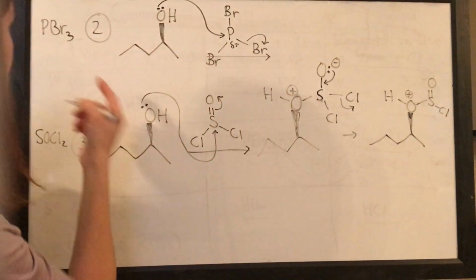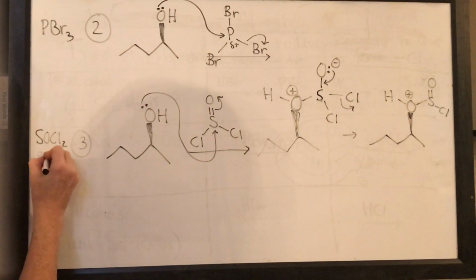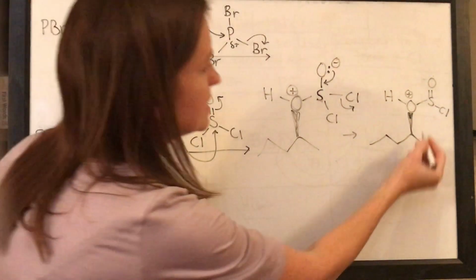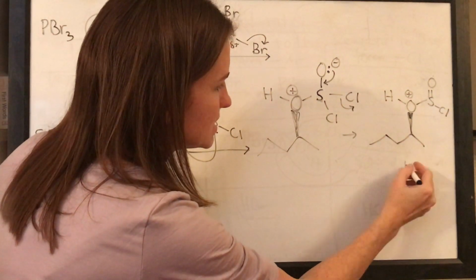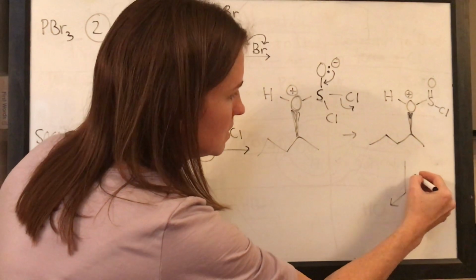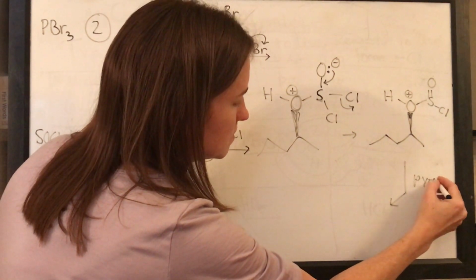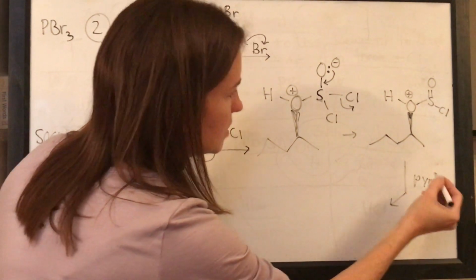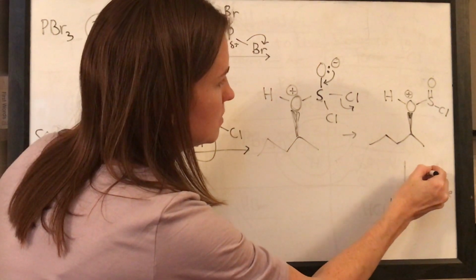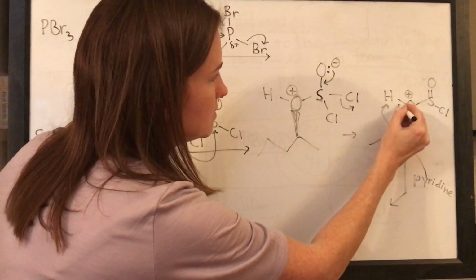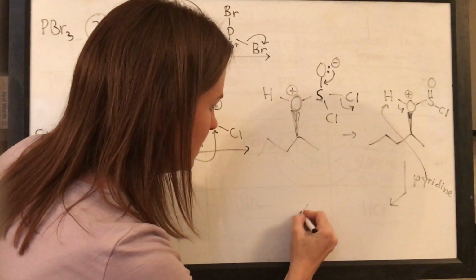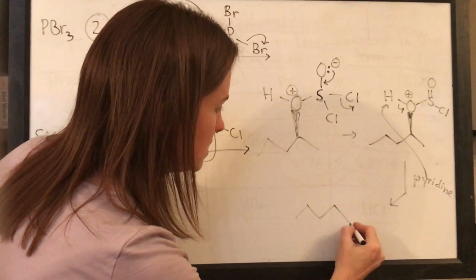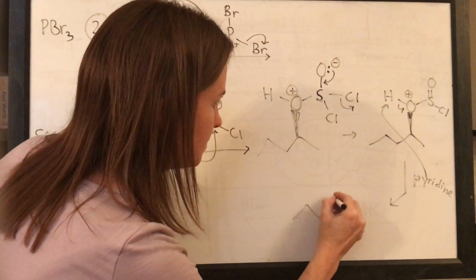And now the reason that pyridine was there, there's actually a little bit of pyridine in this mixture here. The reason that's there is to pull off the proton. Pyridine is just a good base. So our pyridine is going to pull off this proton, and we get down to this step here.